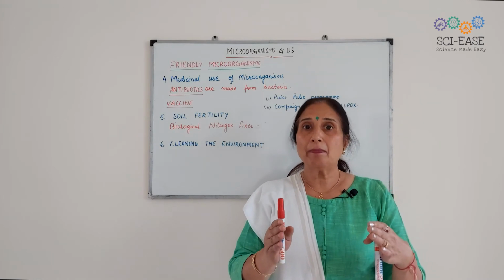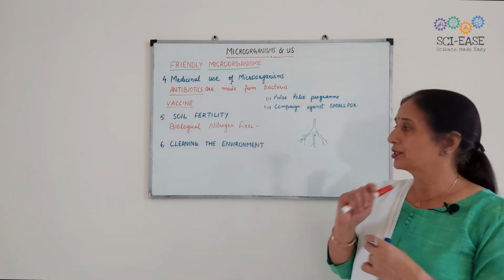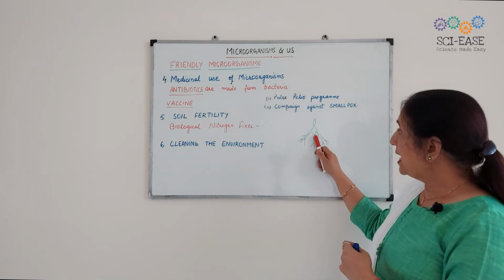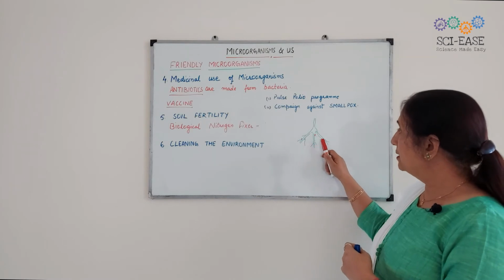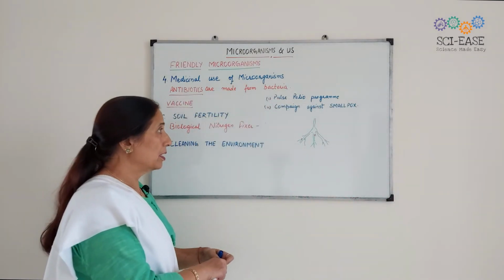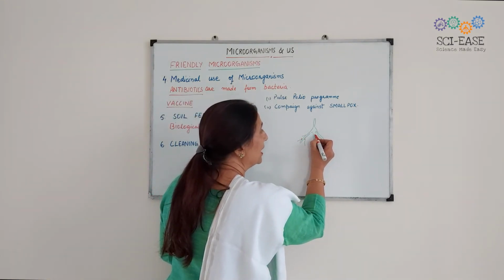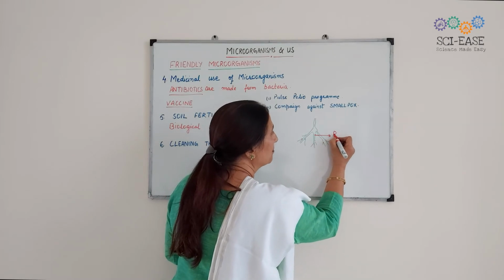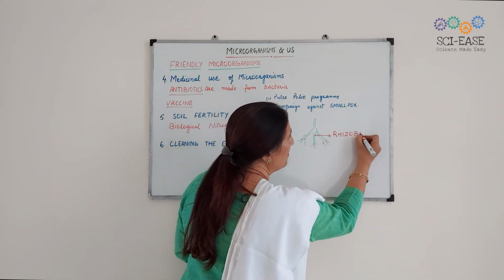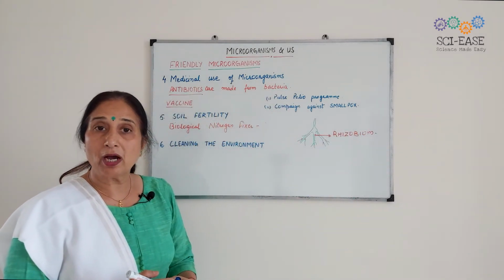These pod bearing plants have nodules in their roots, as I have drawn in the diagram. In these nodules lives a microbe, the rhizobium bacteria, in the root nodules of leguminous plants.